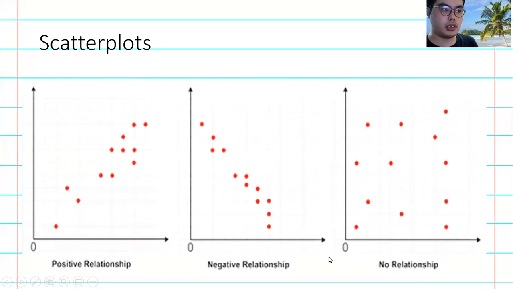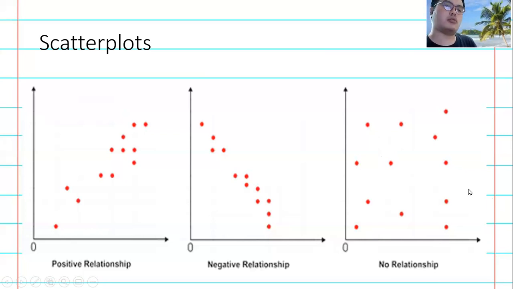While here, this is the falling scatter plot, representing a negative relationship, which means that the correlation coefficient is negative. While here, this is a scattered scatter plot, which means that there is no relationship, so the correlation coefficient is zero.